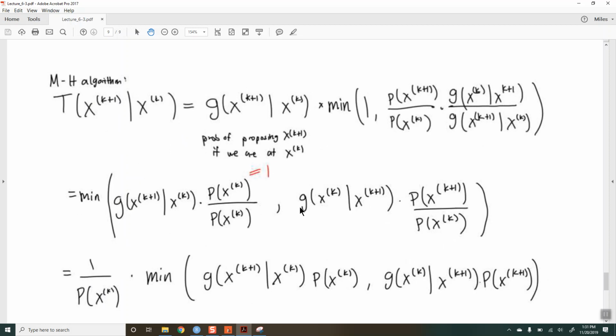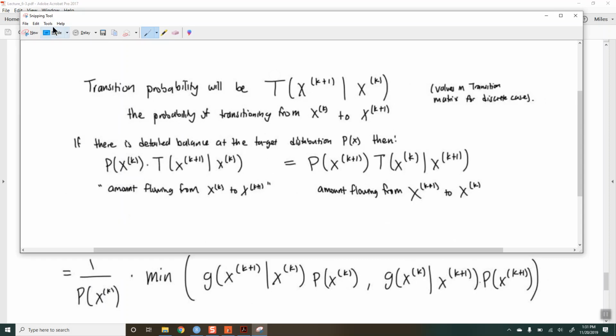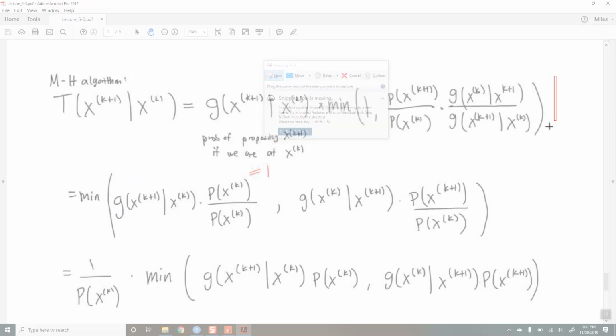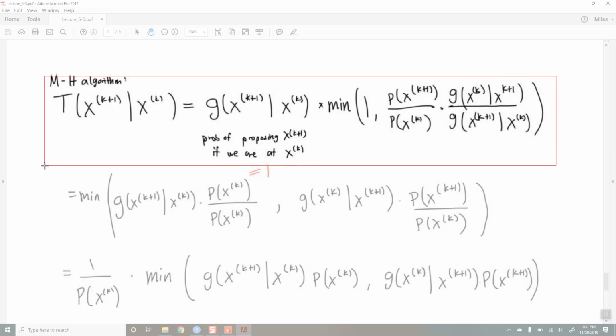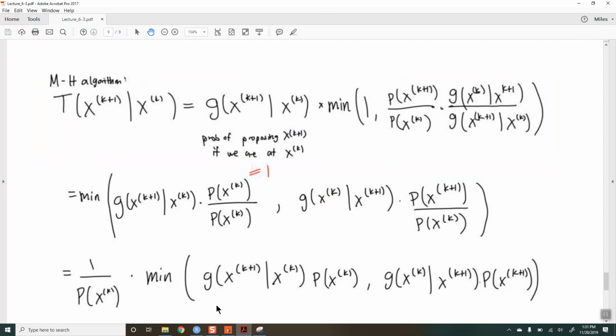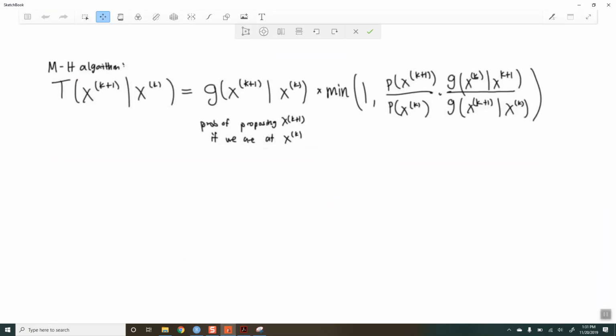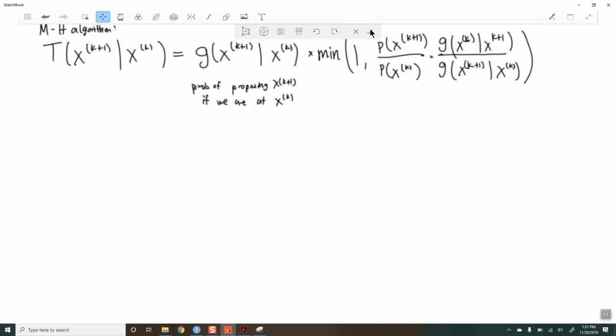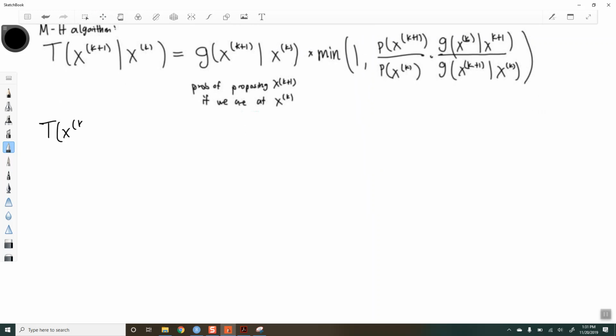So that's what we have, and so I'm going to start here and work out the rest of detailed balance, okay? What we want to show, if we work this out, is the following.